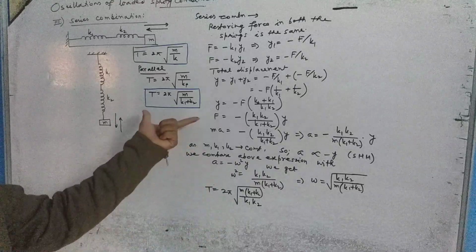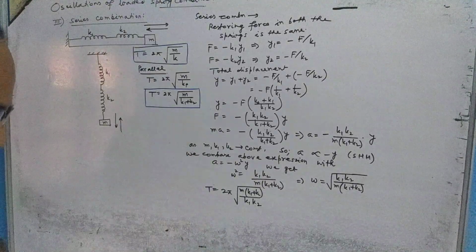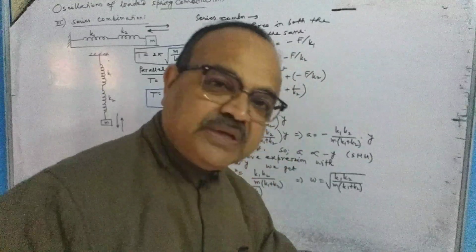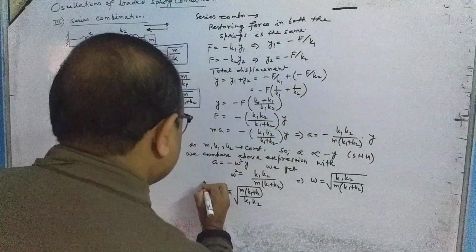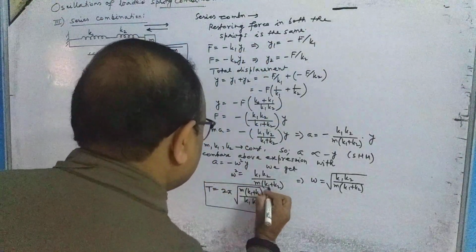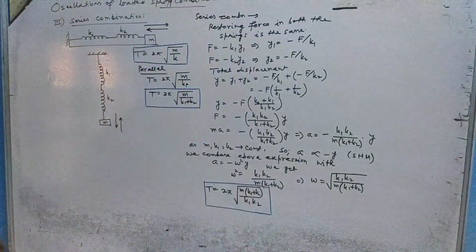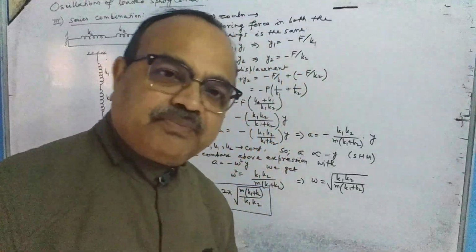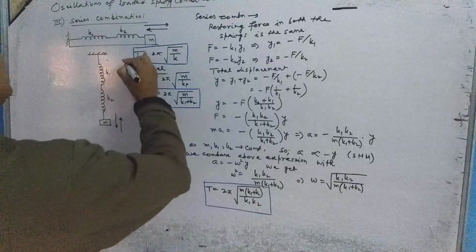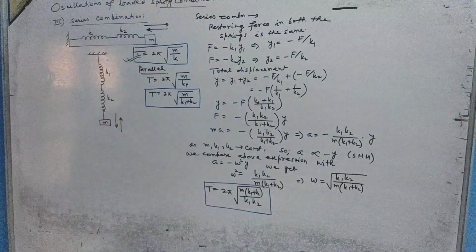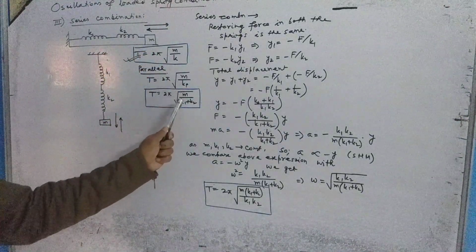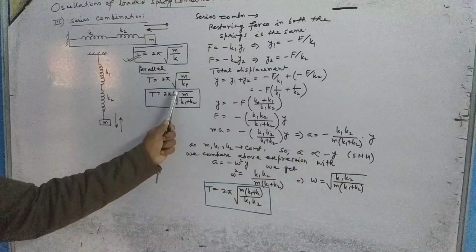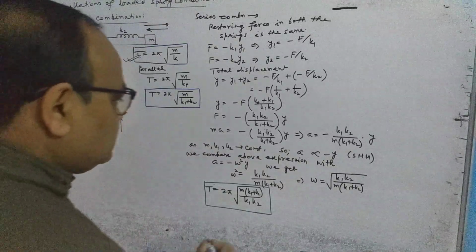Twice pi, here is for the parallel combination, here is for the series combination. Look, this is for the series combination. I just mark it here. Alright, if I now highlight this one, according to this what should it be?